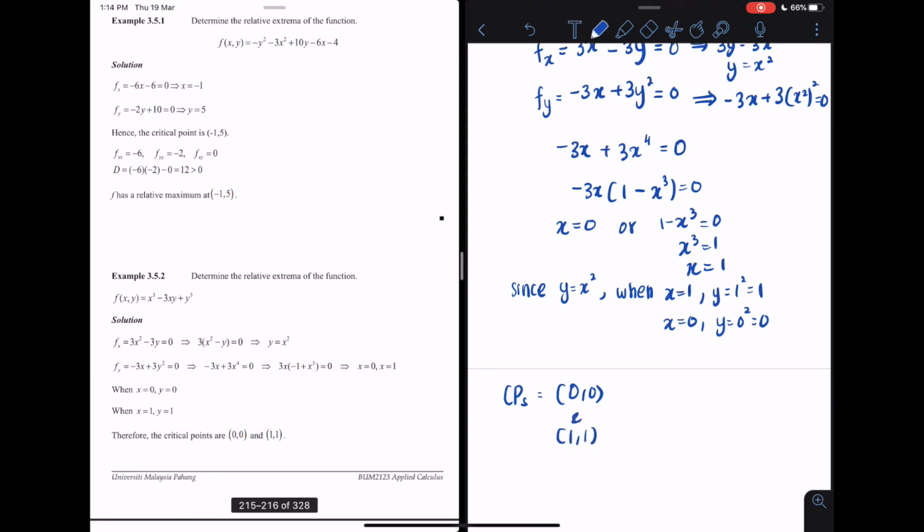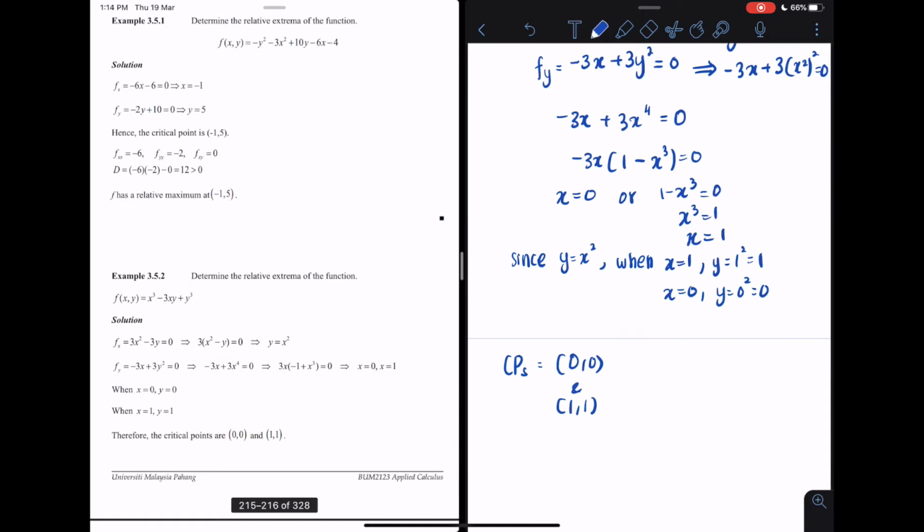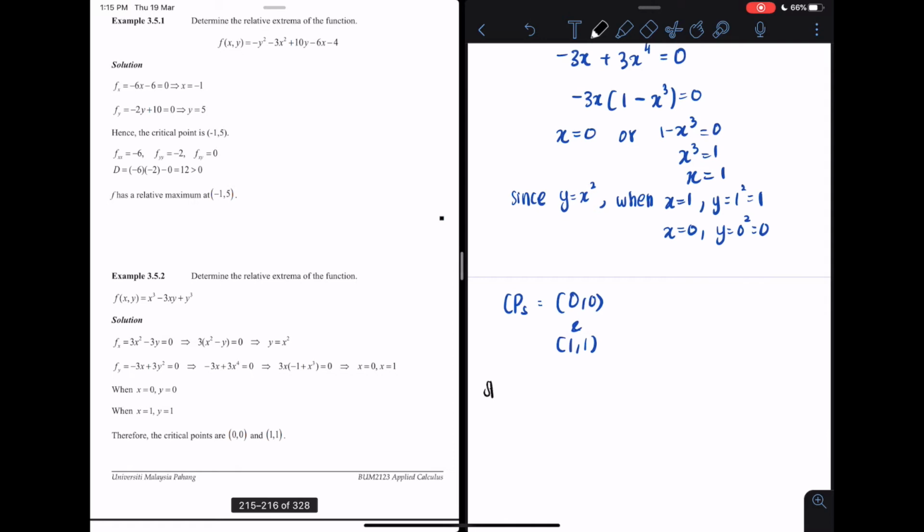Since I have two critical points, I have to test whether they will give me relative minimum, relative maximum, saddle point, or no conclusion. Now, go to step number 2. Step number 2 asks you to determine the second order partial derivative.